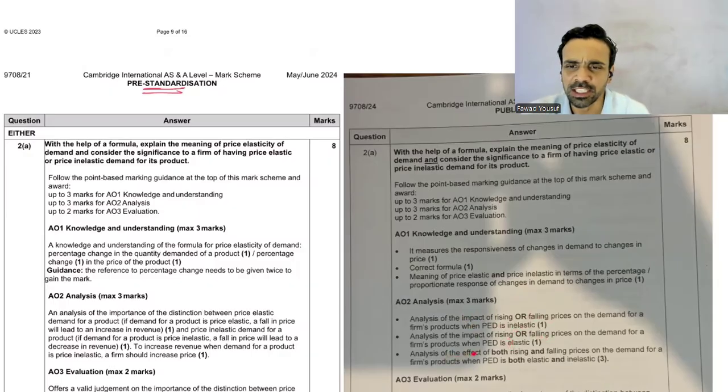And then they say analysis of the effects of both rising and falling on the demand curve for both elastic and inelastic. All right.